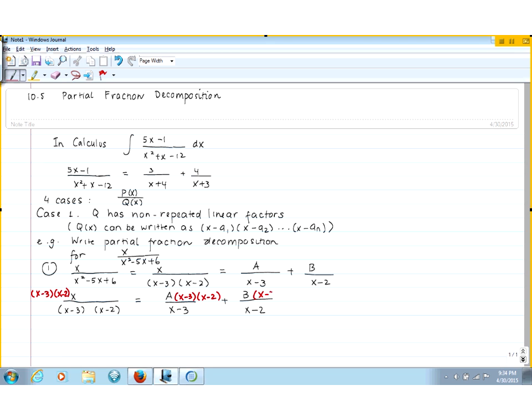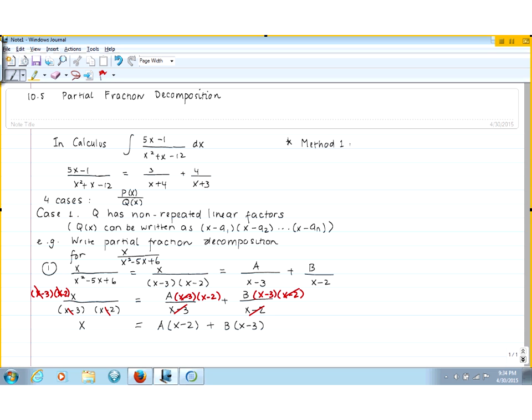So these cancel, and what are we left with? x is equal to a times x minus 2 plus b times x minus 3. Now we don't have the denominator anymore, and we can choose what method we want to use.